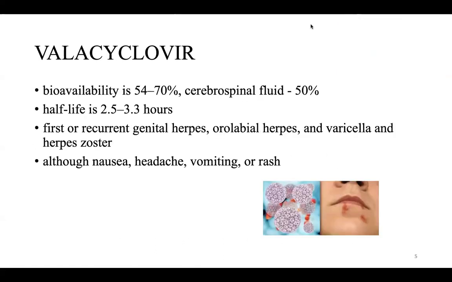The next drug, valacyclovir, is the L-valyl ester of acyclovir. It's rapidly converted to acyclovir after oral administration by first-pass enzymatic hydrolysis in the liver and intestine, resulting in serum levels that are 3 to 5 times greater than those achieved with oral acyclovir and approximate those achieved with intravenous acyclovir.